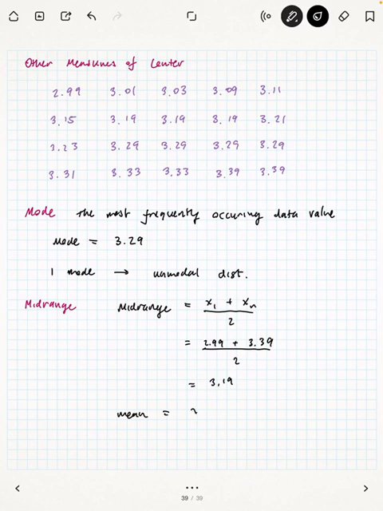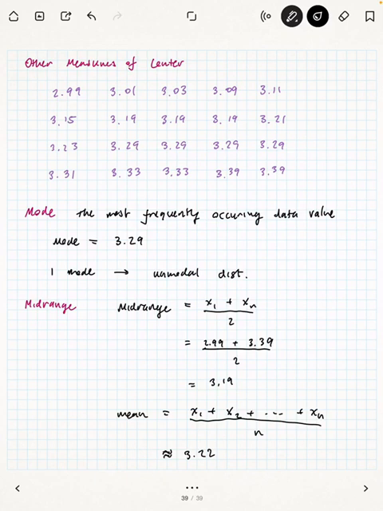So remember, that would be x sub 1 plus x sub 2, all the way down to the last one, divided by n, and actually I get roughly 3.22. So that's not so far off. 3.19 and 3.22, those are very similar. So this is a pretty good approximation.